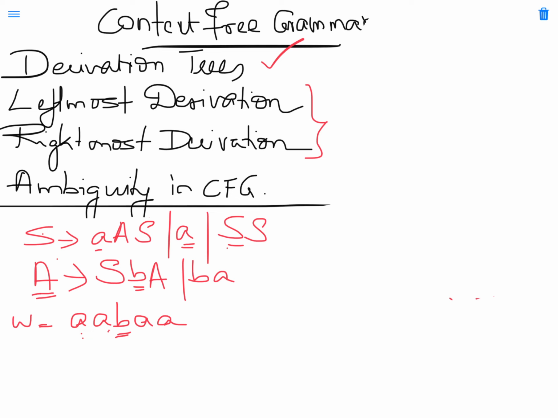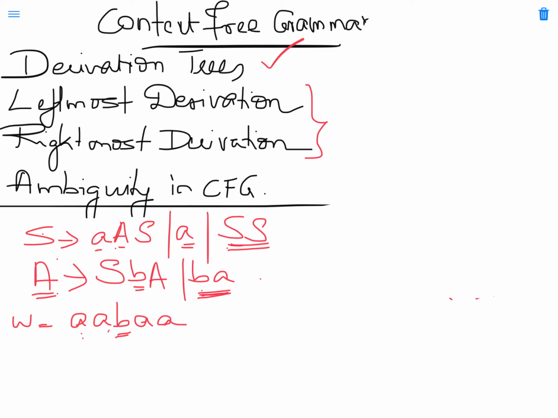So for the time being, we can choose the production S gives SS. If you choose AAS or this one, what happens? You won't be able to derive the string. You can just try and see. If you start with S gives AAS, A has to be replaced with the right-hand side of the second production, which has some B, and this BA is also there.